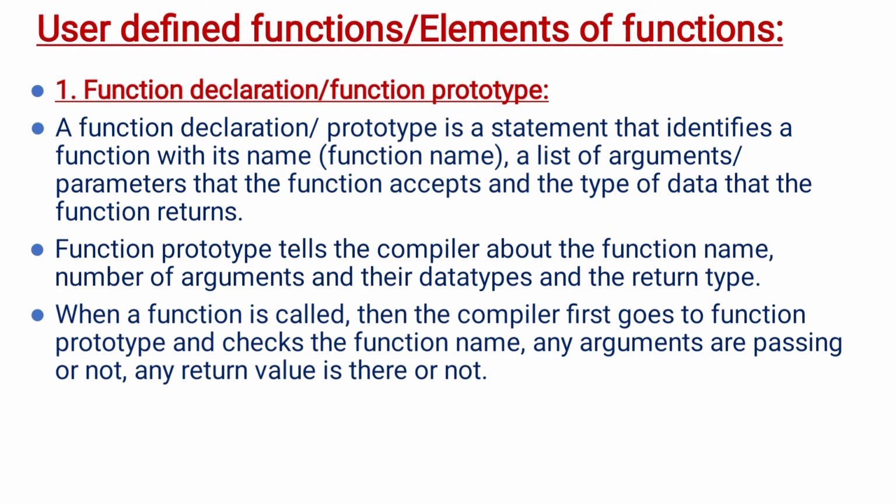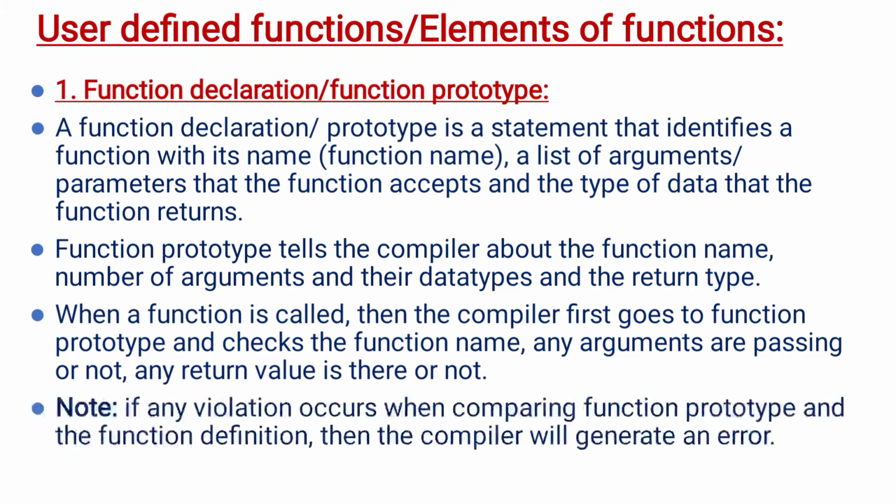So when the function call is encountered by the compiler, the compiler directly goes to the function declaration or function prototype at the start of the program, and checks whether that function name exists or not, whether arguments are passed for that function, and whether there is any return value for that function name.